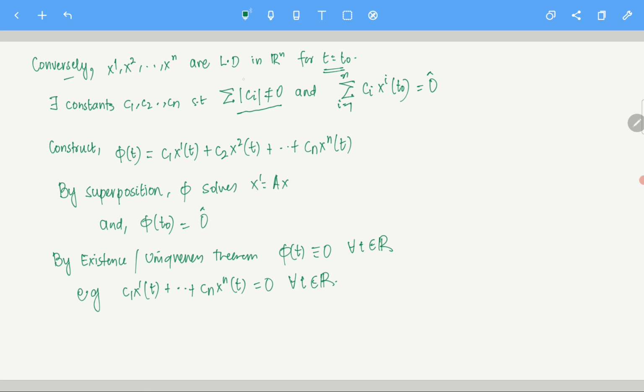So that implies that they are linearly dependent. Therefore x1, x2, ..., xn are linearly dependent solutions. Clear?